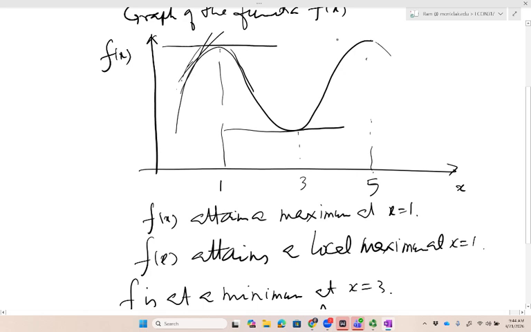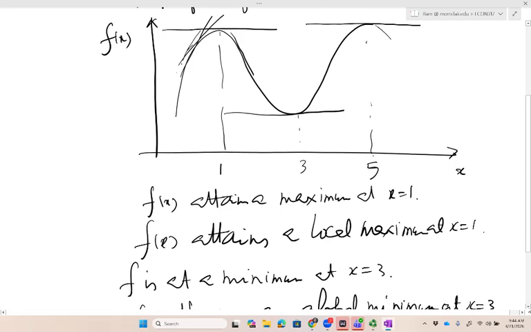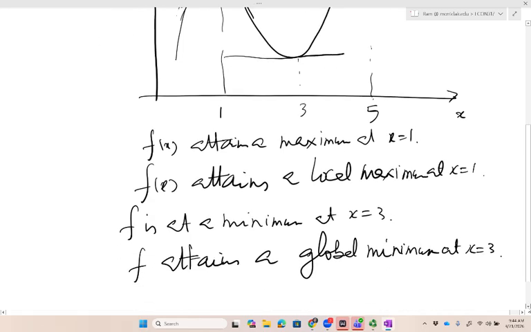Same observations hold true even at the second local maximum x equal to 5. So this helps us apply the notion of derivatives in finding out points at which the function either attains a maximum or a minimum. So I will write it up.